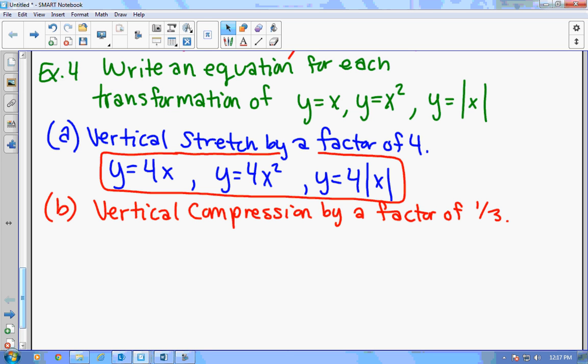Give it your best shot, then. Really? No. Y equals X. Where would the 1/3 go? After the Y equals. Y equals 1/3 X. That's the first one.